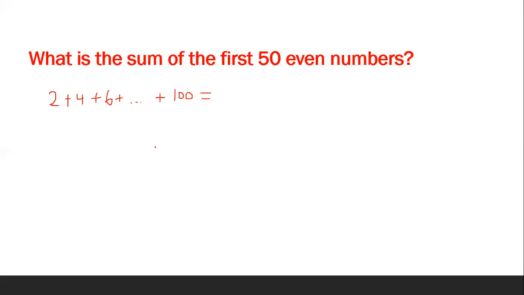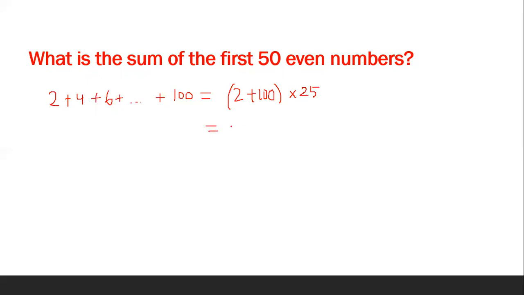The answer is yes, because these numbers are consecutive. So add the first and the last number, 2 plus 100. And you have to pay attention here, although the last number is 100, it doesn't mean that there are 100 numbers. As it has been stated here, there are 50 numbers. That means if you have 50 numbers, how many pairs do you have? 50 divided by 2, that is 25.